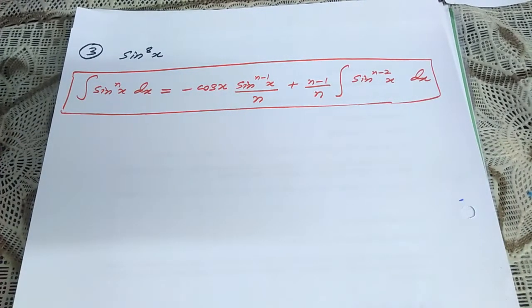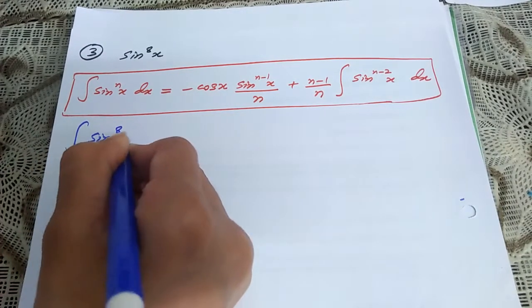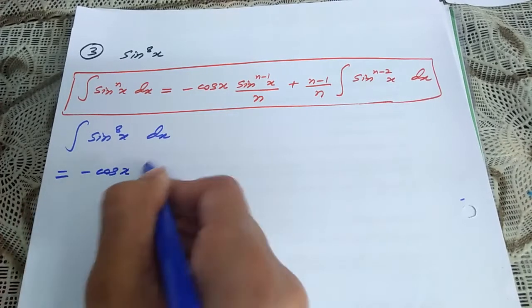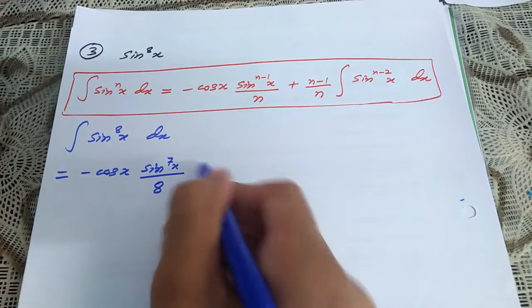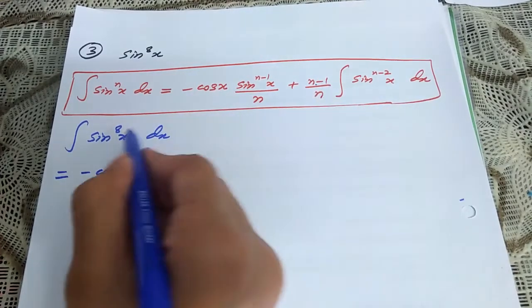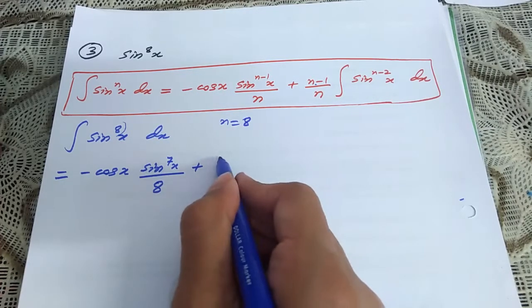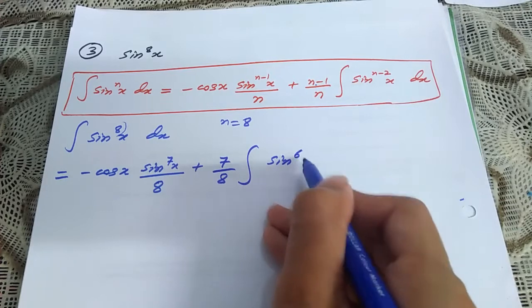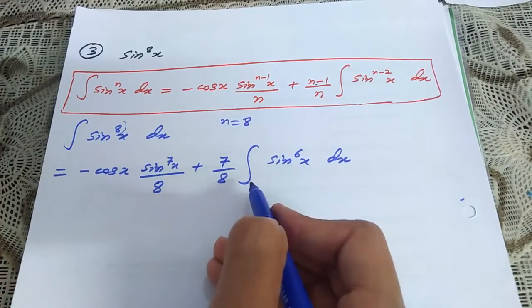Now using this reduction formula here, we will get integration sine 8x dx. This will be equals to minus cos of x sine 7x over 8 plus n minus 1, n here is 8. So we will get here 7 over 8 integration sine 6x dx. We can write it like this.